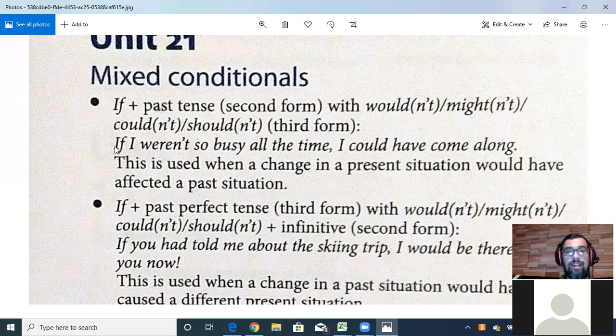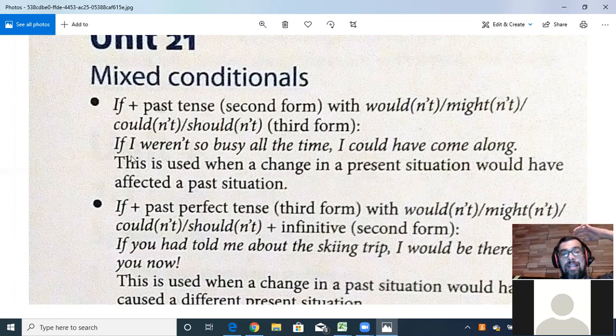For example, if I weren't so busy all the time, I could have come along. So again, I'm mixing second with third: past tense plus would, might, could or should, right? This is used when a change in a present situation has an effect in the past.